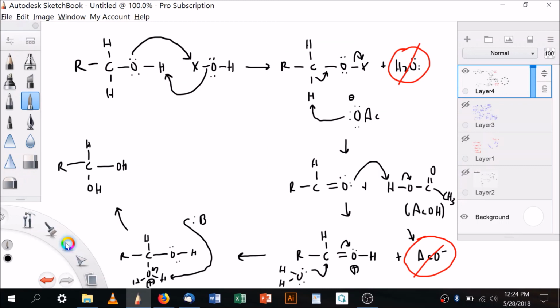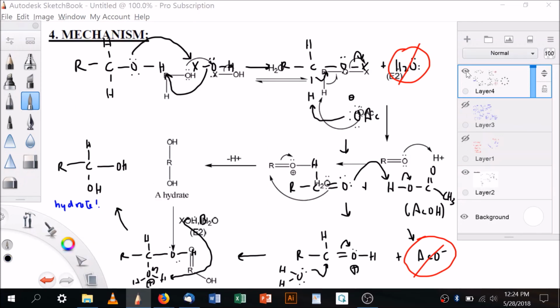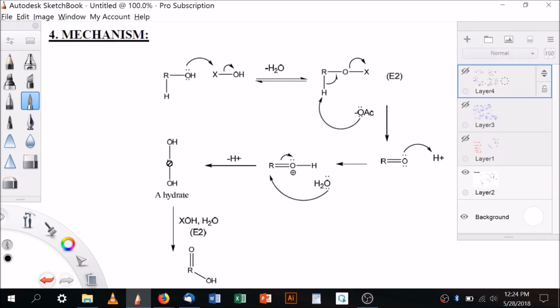Okay, and this is the hydrate. Let me do that in blue. That's a hydrate. Go back to black, come back over here. All right, so we got our hydrate, right? Now you've noticed that in all of these, as it says at the beginning, I don't like using an R because you don't know what an R is, right?